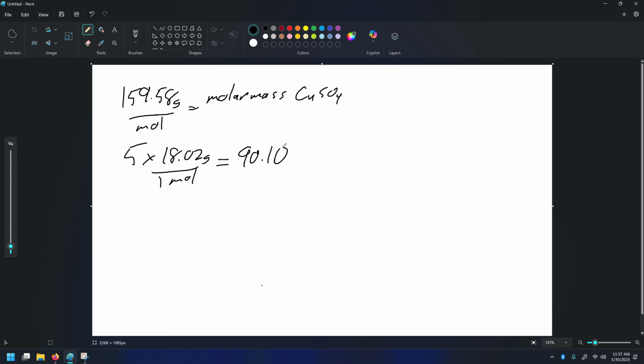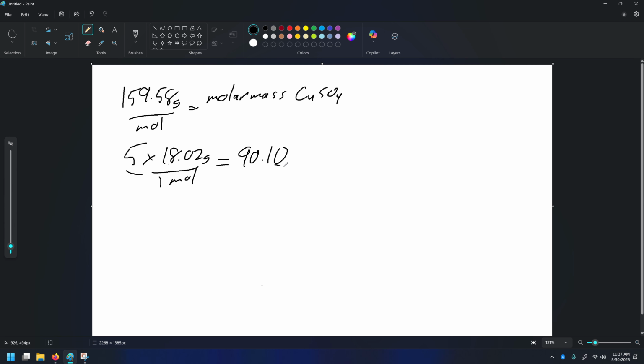Now, I'm choosing to include 4 significant figures here because 5 is an exact value. Exact values don't factor in when you're doing significant figure calculations. I know exactly there are 5 of those things. It's kind of like counting money. The value I got on my calculator was 90.1.